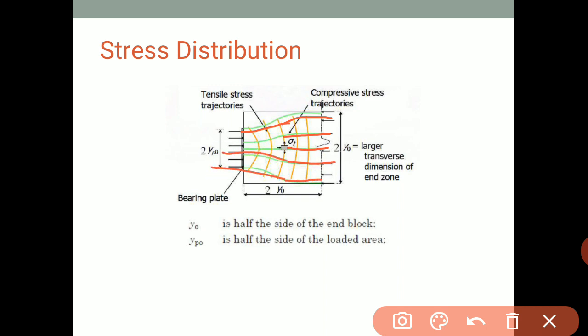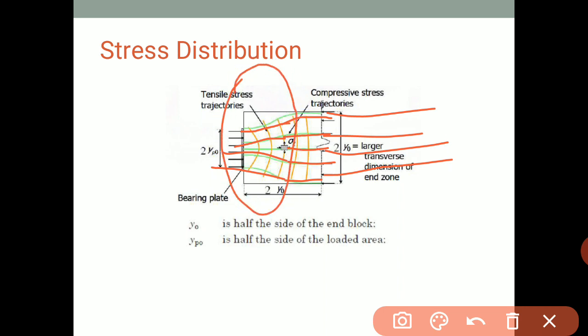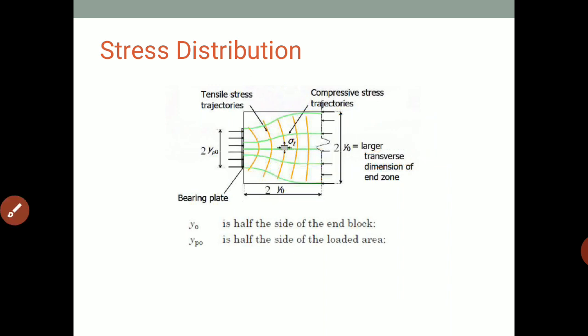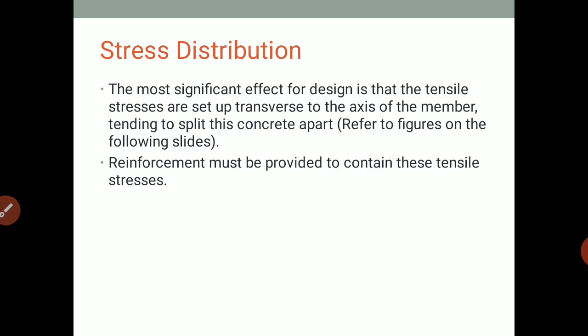So this is the stress distribution for the end block, and where the beam part is straight, the stress trajectories also become parallel. But in this section the stress distribution is not parallel. We have to take care of this section.